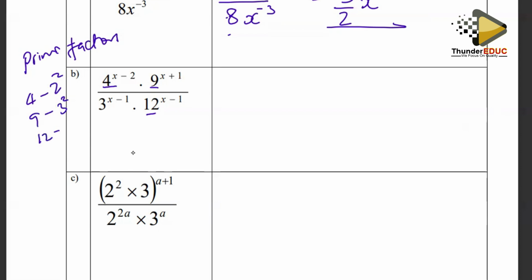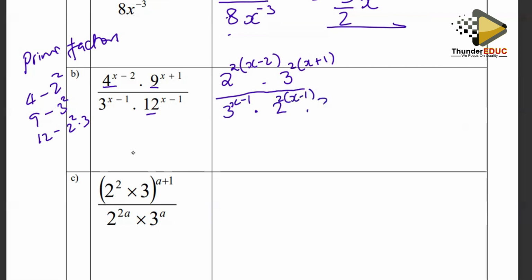We said 12 can be written as 2 squared times a 3. So that's what we're going to do. That's going to be 2 squared with x minus 2 multiplied by 3 squared into x plus 1, all over 3 to the x minus 1 multiplied by 2 squared. So it means it's 2 to the x minus 1 multiplied by 3 to the x minus 1.